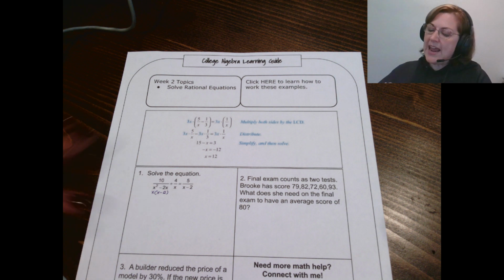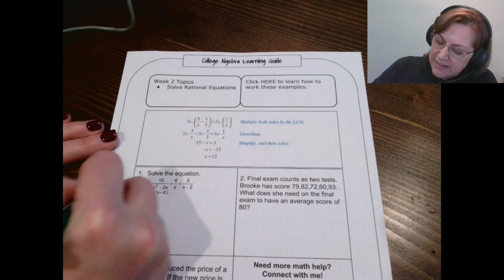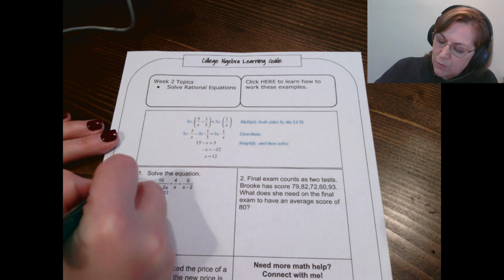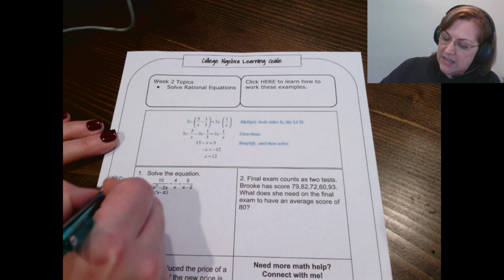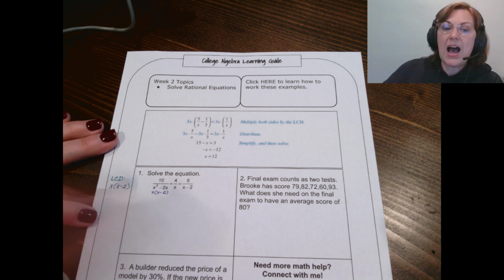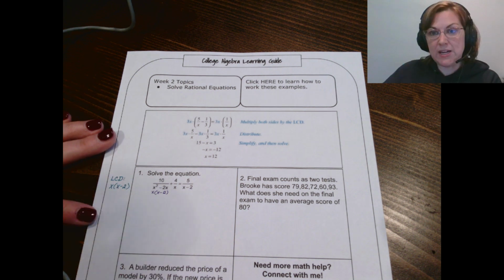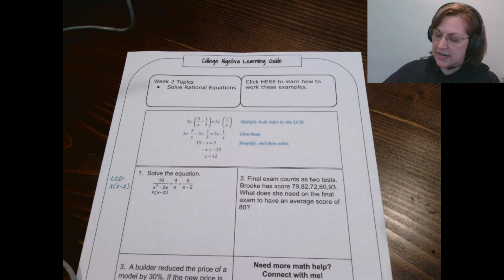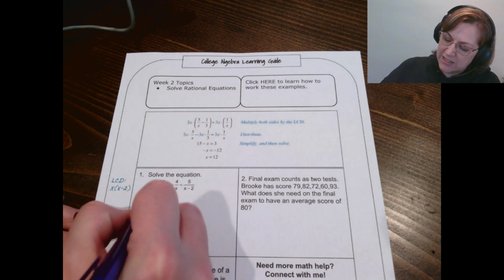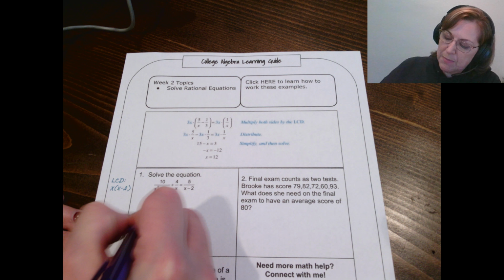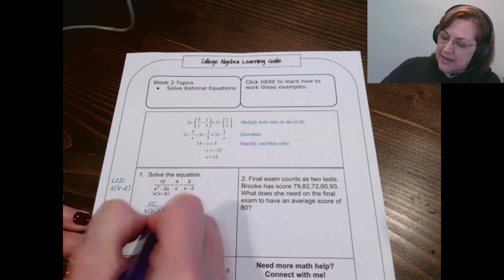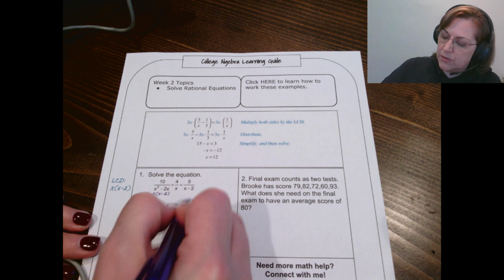And I'm going to multiply by my least common denominator, which in this case would be the x times x minus 2. I'm going to multiply by it so that my equation no longer has fractions in it. So let me create some space to do that because I want us, for our notes' sake, to be able to see all of those good cancelings.